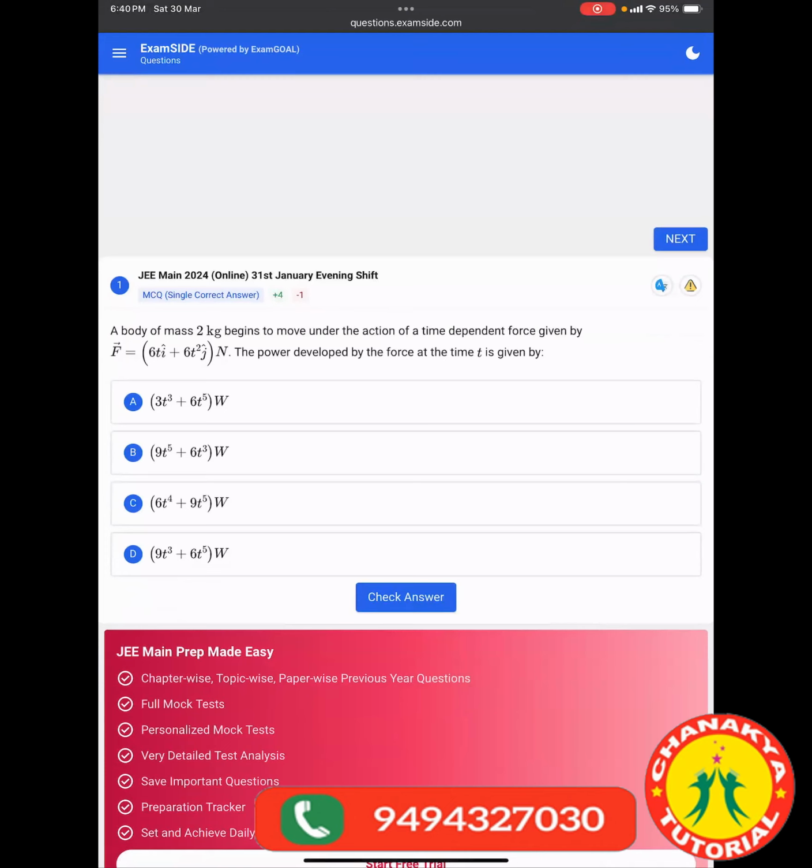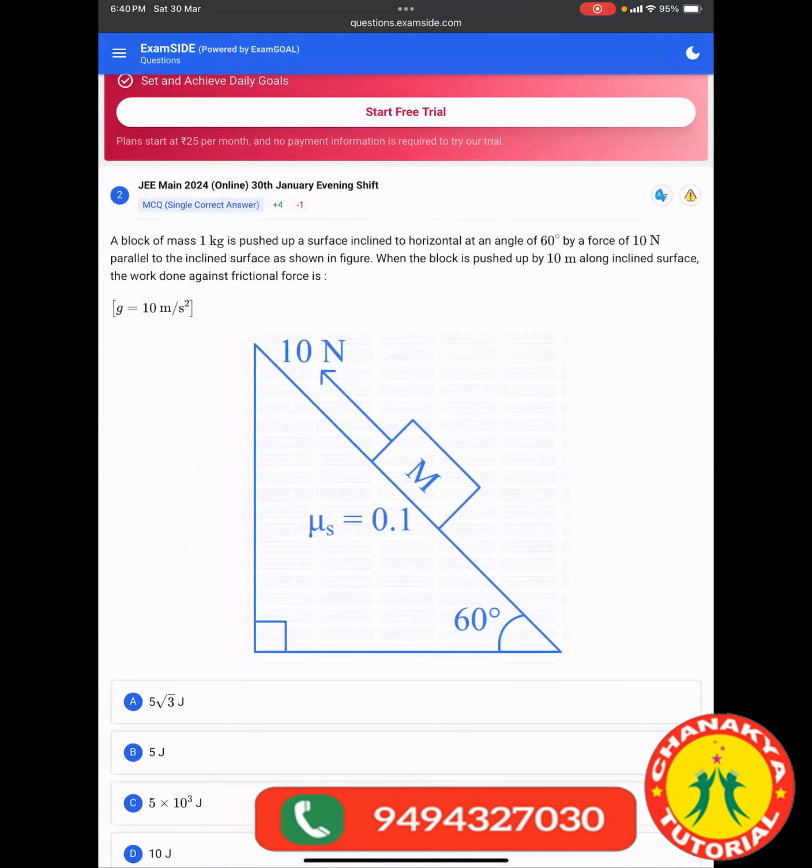Second question, guys. A block of mass 1 kg is pushed up a surface. Read it, try it once. Tell me the answer. Guys, try this.